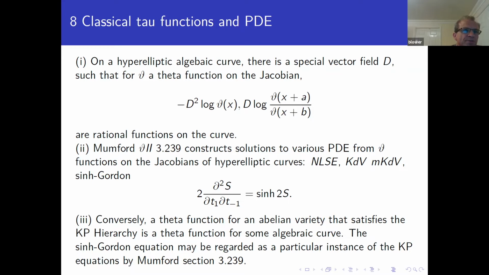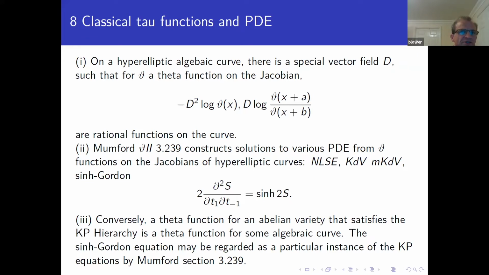There are, of course, many possible differential equations one can consider in this context, but there is a special class of them. Given a theta function defined in the first instance on a typical abelian variety, one can consider the differential equations that it satisfies.